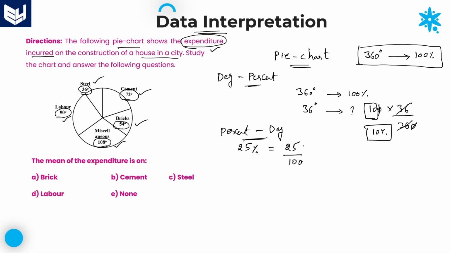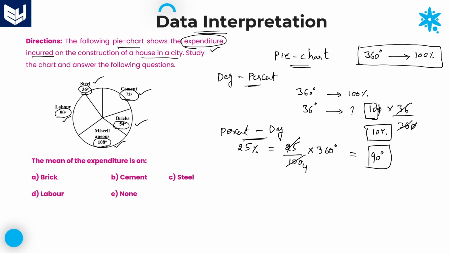Now, to convert into degrees, the total pie chart has 360 degrees, so you need to multiply by 360. Here it is 1/4 of 360, which is equal to 90 degrees. Therefore, 25% is equal to 90 degrees.